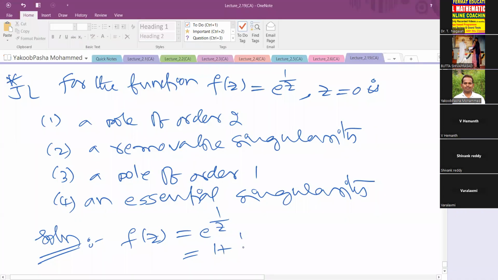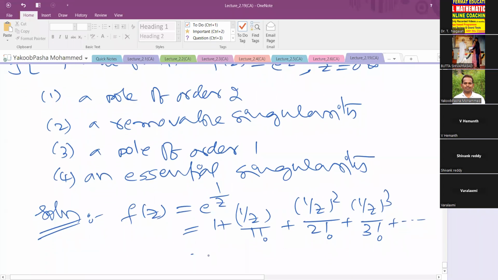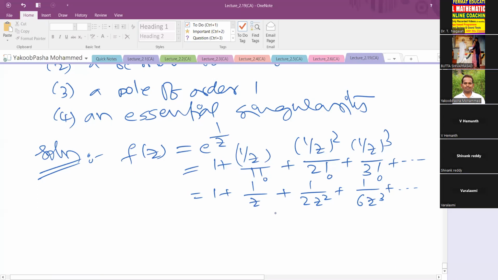That is 1 by z by 1 factorial plus 1 by z whole square by 2 factorial plus 1 by z whole cube by 3 factorial plus and so on. Clearly, we can write it as 1 by z plus 1 by 2z square plus 1 by 6z cube plus and so on. Clearly, we can observe this is the principal part for z is equal to 0.